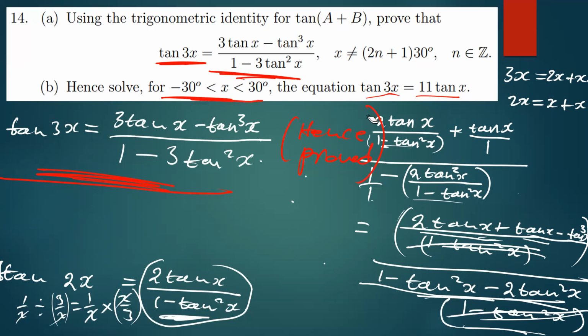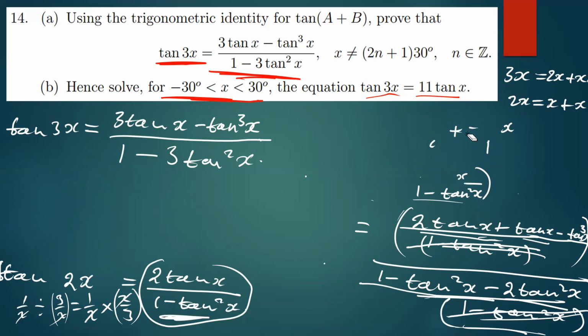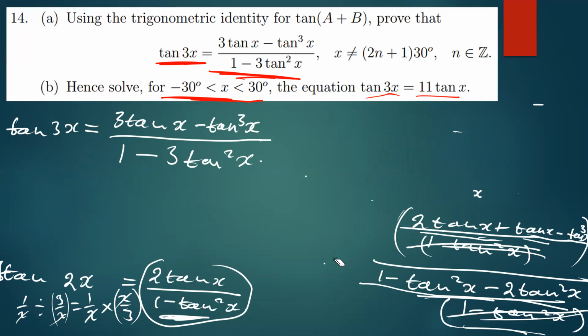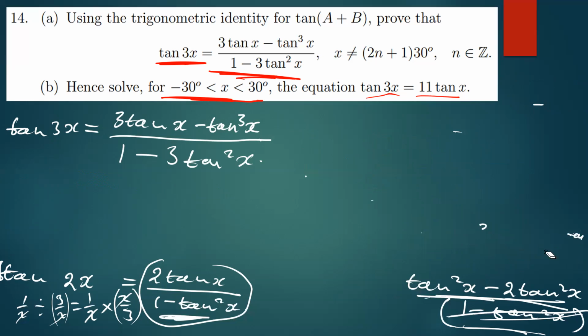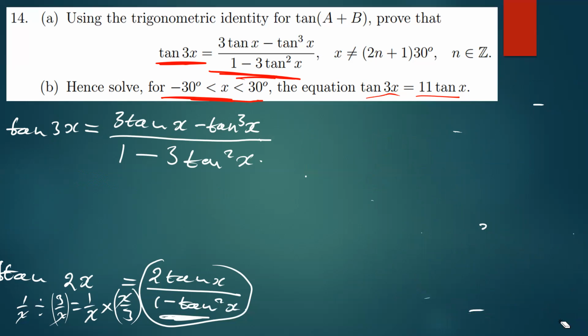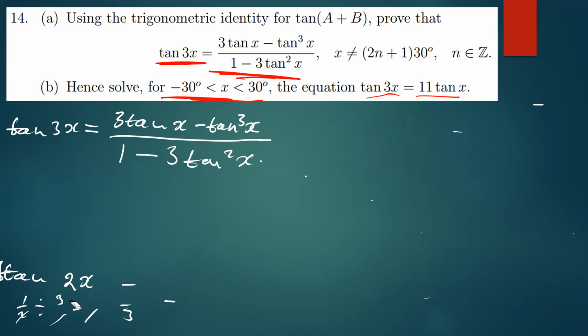So solving this one is just the same as equating what you have found, equating your solution to 11 tan x, and then finding the answer. So we just equate the solution to 11 tan x.